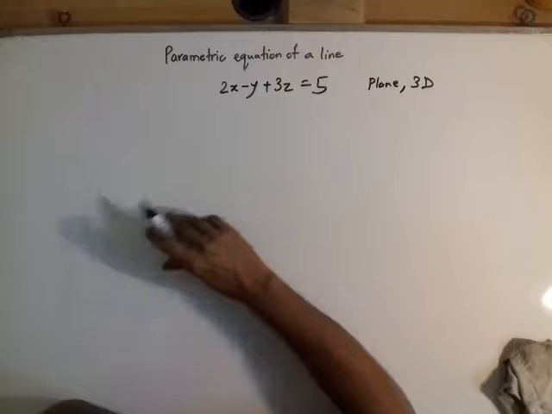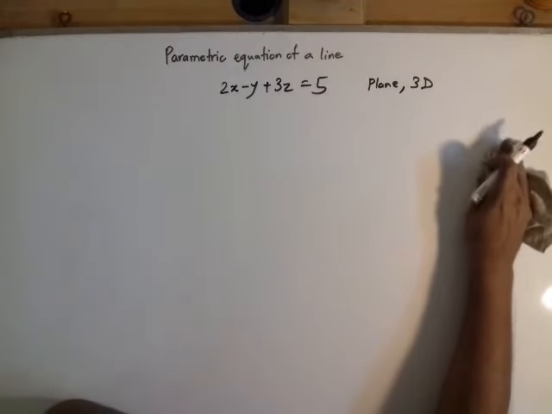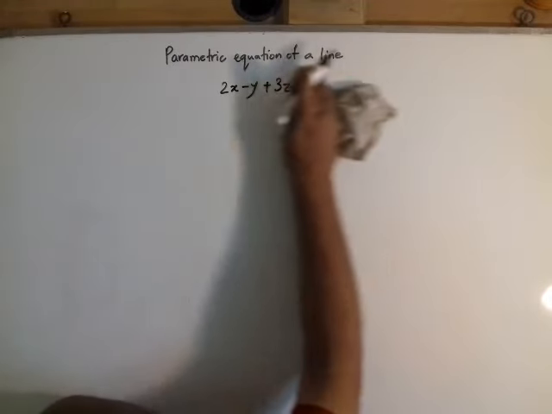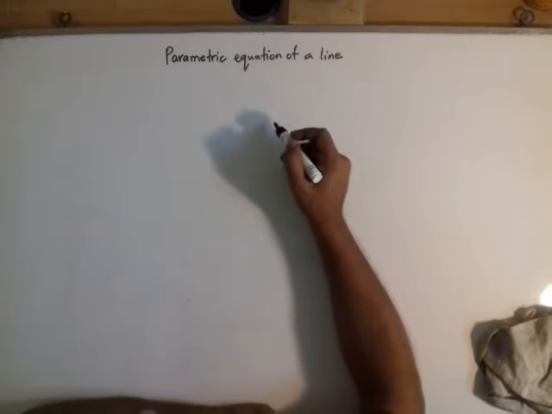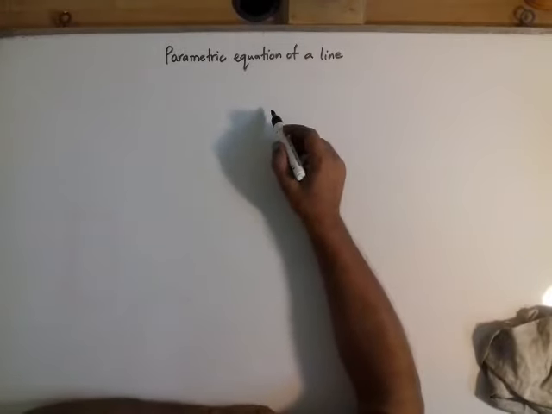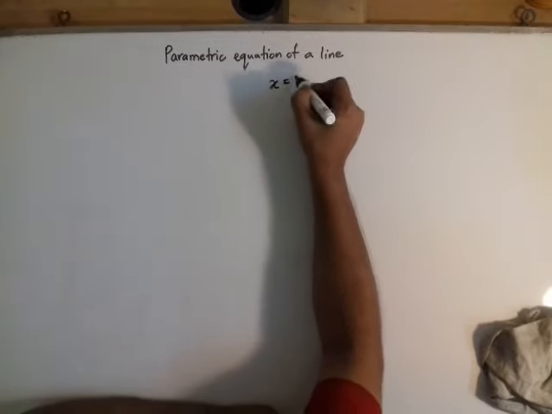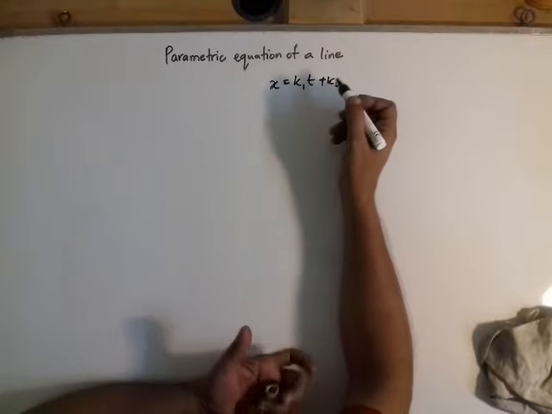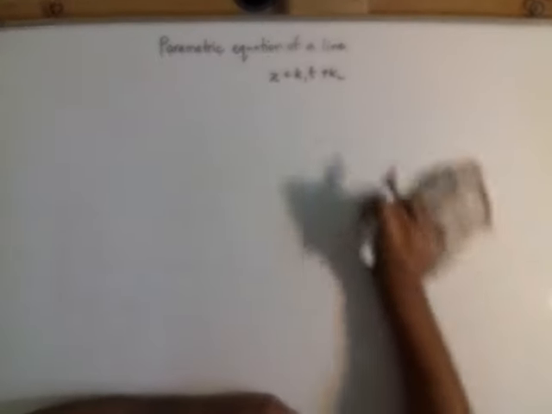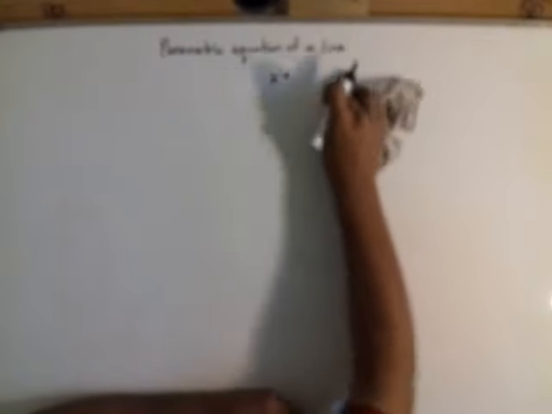I'm getting a bit confused about what I am trying to do. This is not what I am trying to do. I am trying to prove or demonstrate to us that something like x equal to k1t plus k2 and so on can represent a line in 3D. Okay, sorry, I got my bearings now.